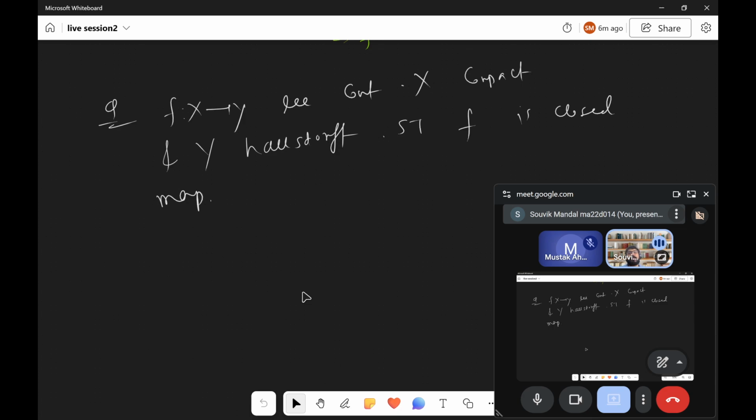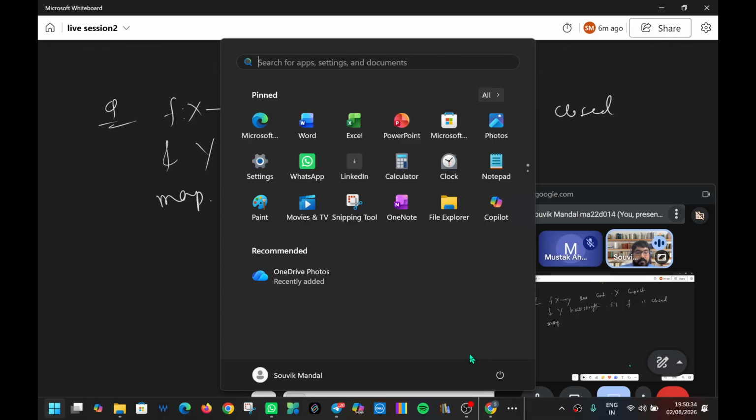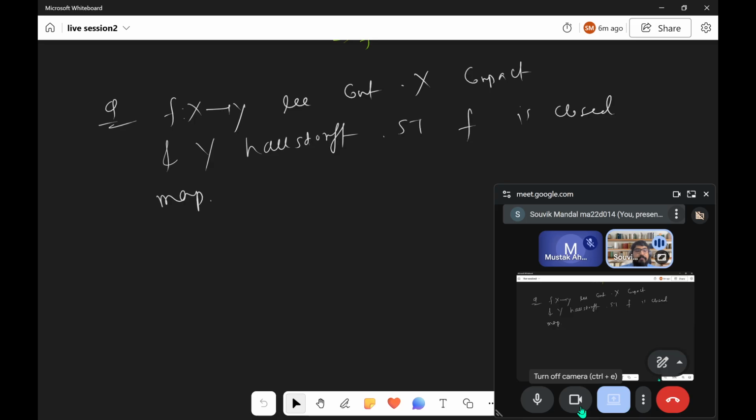That is, we need to show that f carries a closed set to a closed set. That's what I need to show. Okay, so there is nothing much to explain. So please think carefully, let me know, and try to solve it. Use the previous theorems.